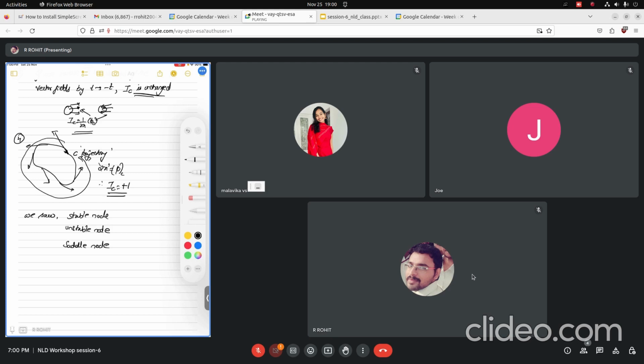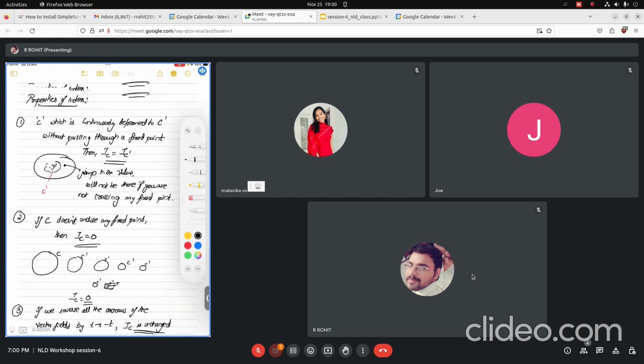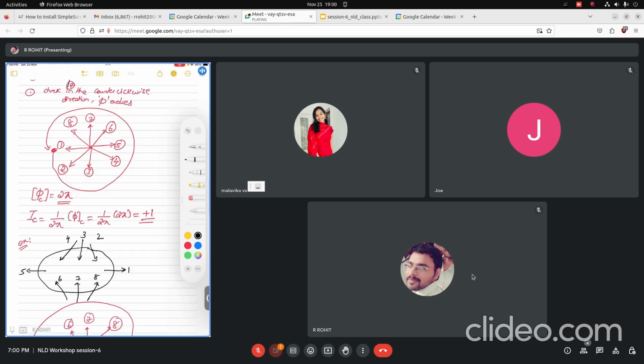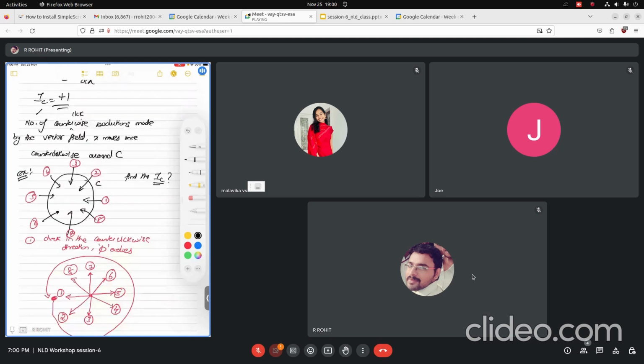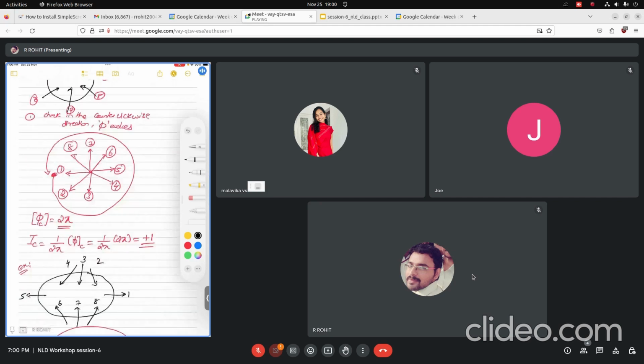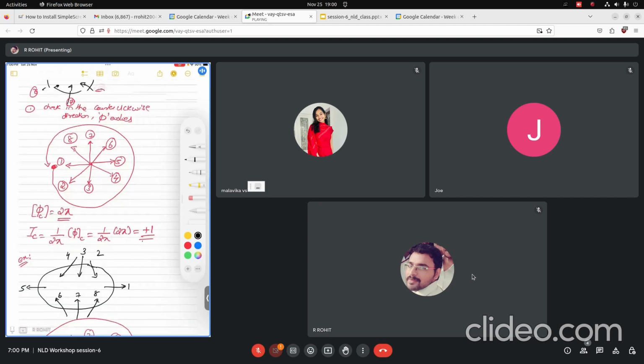So if you have a stable node, what is the index of that curve? Say your C is a trajectory. In a stable node, all the points will be coming towards your point. This is equivalent to the first example which we saw, all the points coming towards a point. So for that, the index is +1.